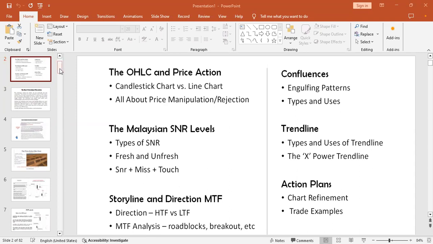You must listen to the storyline of each time frame. You must not trade only one time frame, because within that time frame there are roadblocks, obstacles, internal swing highs and swing lows standing as an obstacle to the direction of a particular trend.